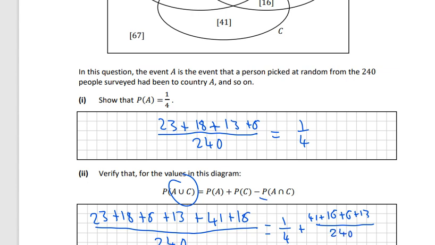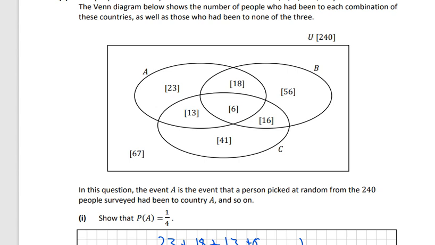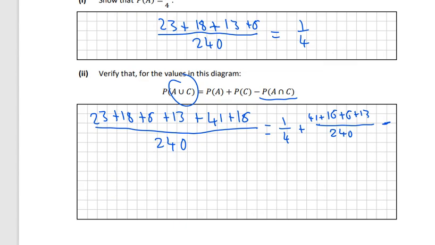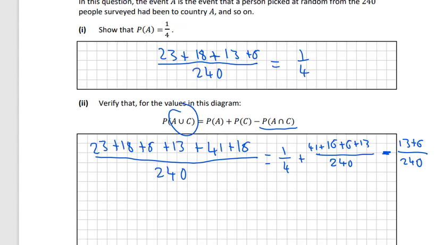And then we're going to subtract what's in A intersecting C. So A intersecting C is the 13 and the 6. And if you put both of them into the calculator on both sides, it's 39 over 80.